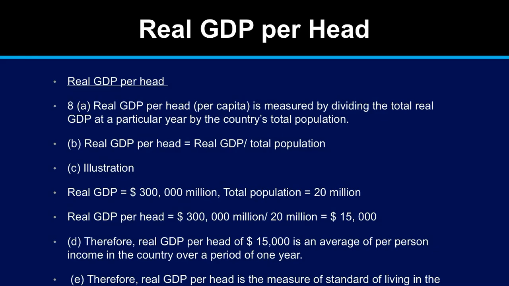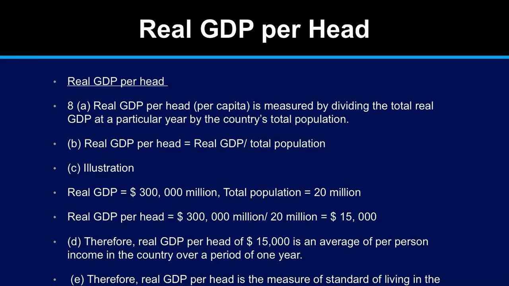Income of a Malaysian, for example, if you calculate the real GDP of Malaysia, therefore per Malaysian's income, GDP per head, GDP per capita is measured by dividing the total real GDP at a particular year by the country's population. So real GDP per head can be calculated by taking the real GDP, the total value, divided by the total population of the country.